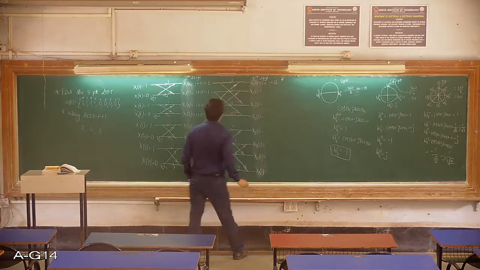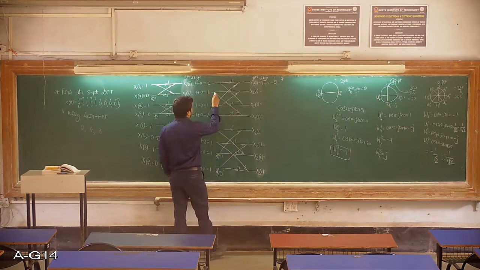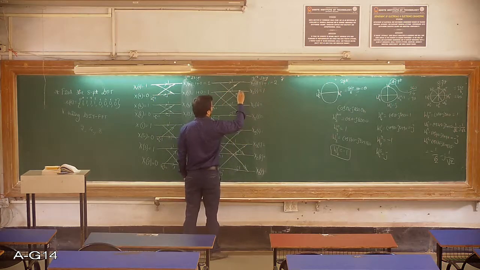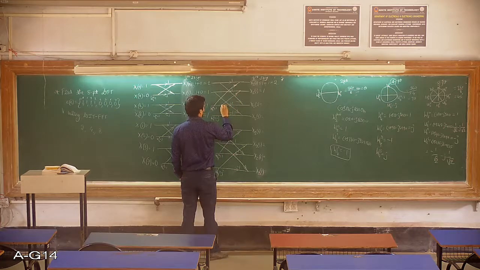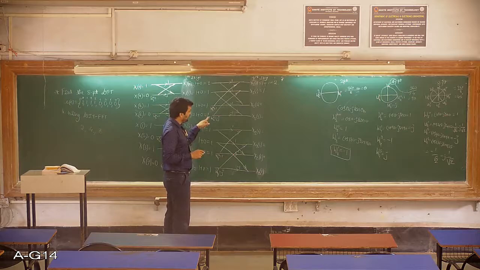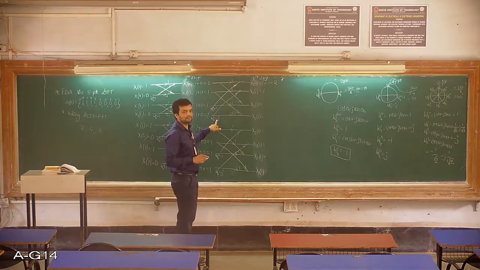The next value calculation. What is the value here? 1 into 1 is 1. The next, this value is computed from here. So 1 into minus j. 1 into minus j is minus j.